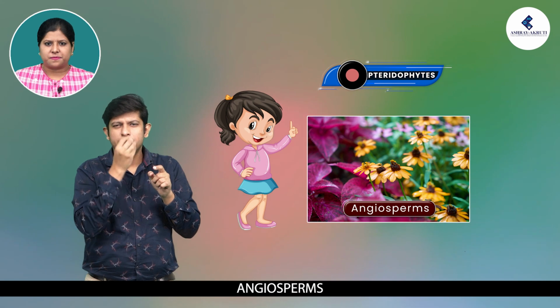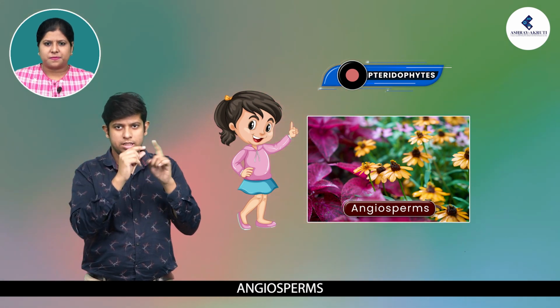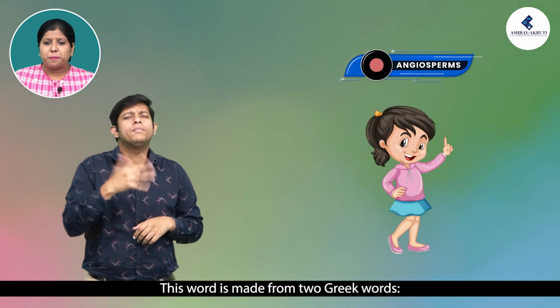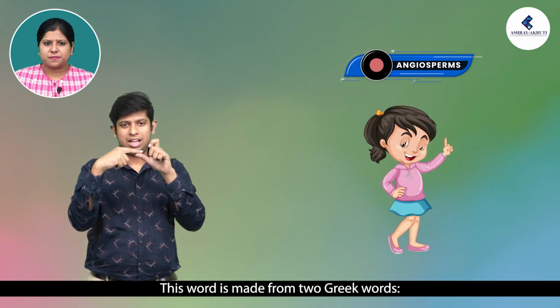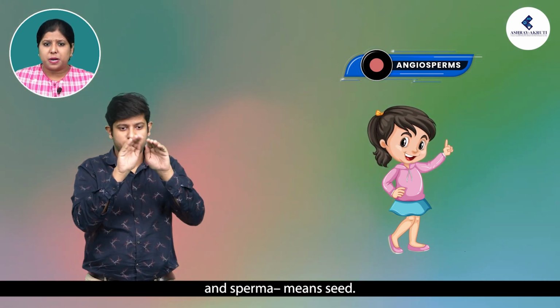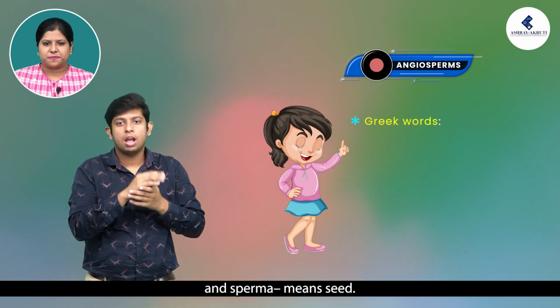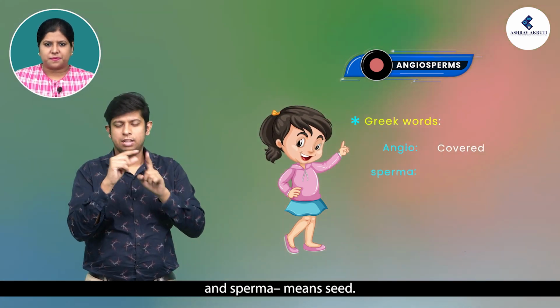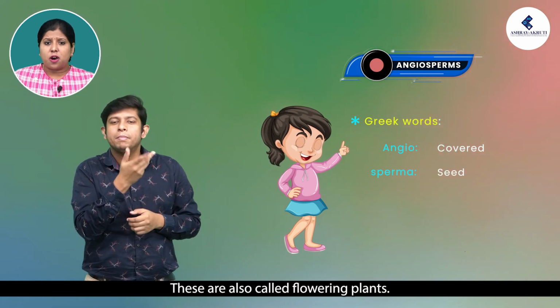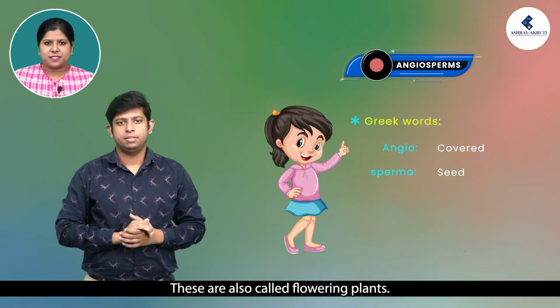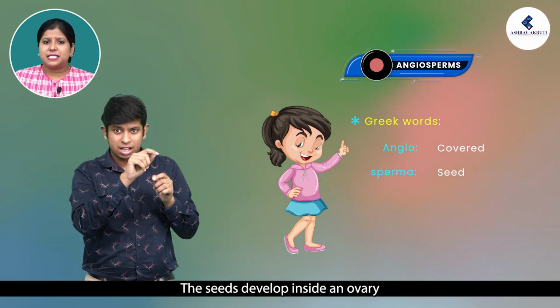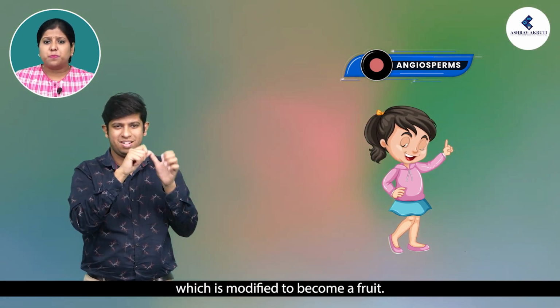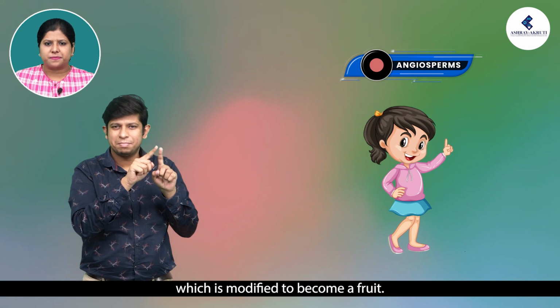Angiosperms. This word is made from two Greek words. Angio means covered and sperma means seed. These are also called flowering plants. The seeds develop inside an ovary which is modified to become a fruit.